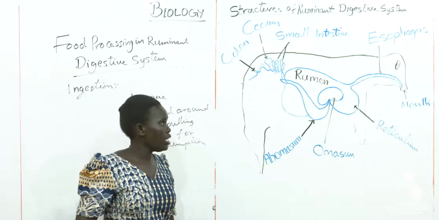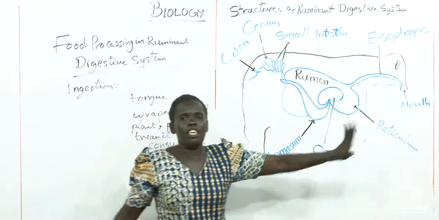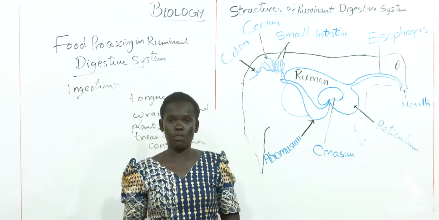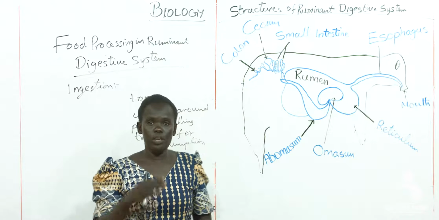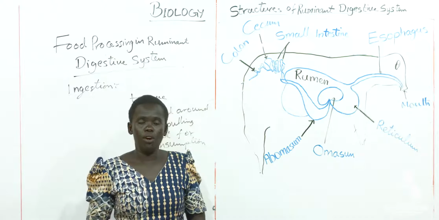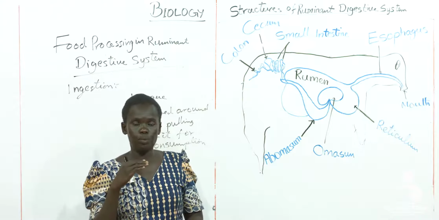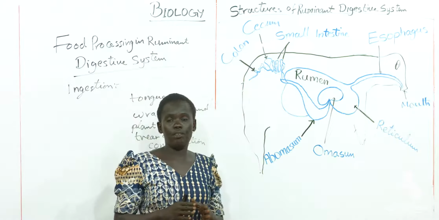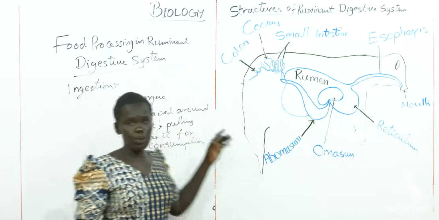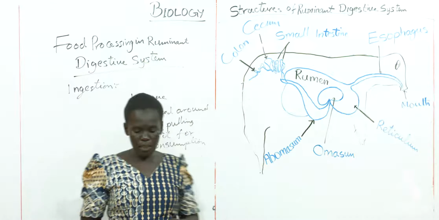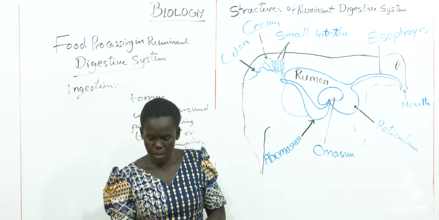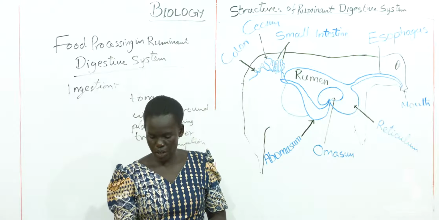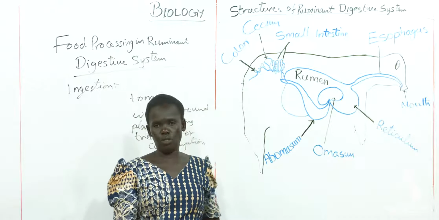As we have said, they lack the upper incisors. These are upper teeth. They have only one at the lower jaw, but they have good premolars and molars for grinding. So the food which is harvested will be crushed during initial chewing and rumination.